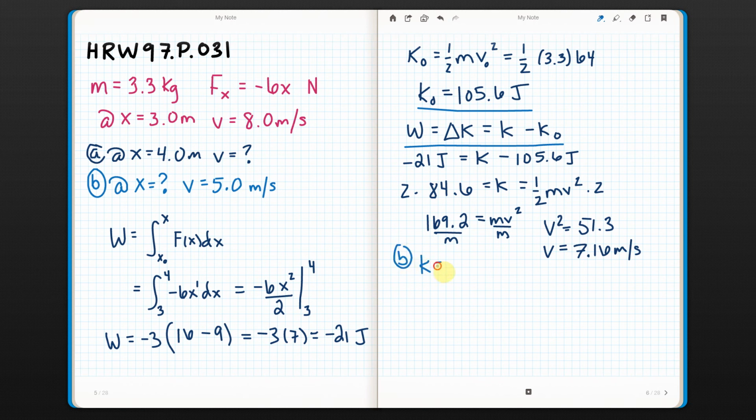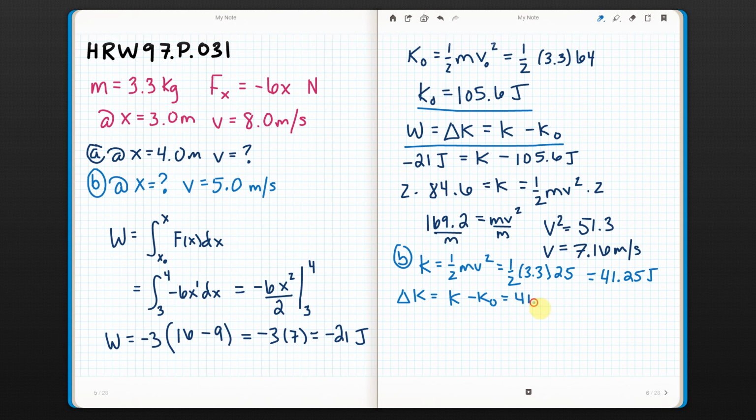I know the final kinetic energy is 1/2 mv squared, which in this case is 1/2 times 3.3 times 5 squared. Okay, so the final kinetic energy is 41.25 joules, which means the change in kinetic energy, well, that's final kinetic minus initial kinetic.